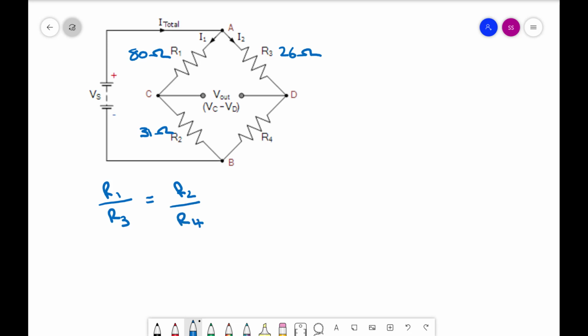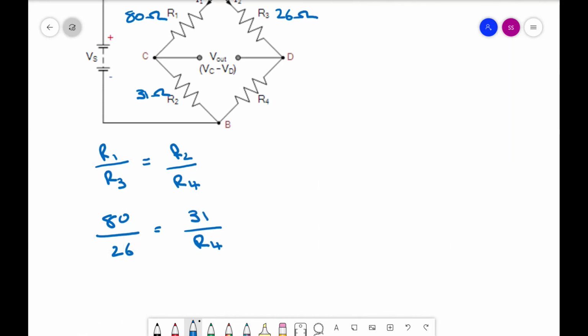I'll substitute my values in. So that will be 80 divided by 26 is equal to 31 divided by R4. If I now rearrange that formula for R4, I will get 26 times 31 all divided by 80.